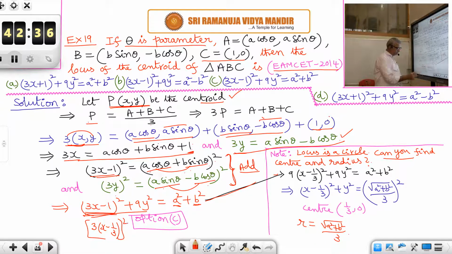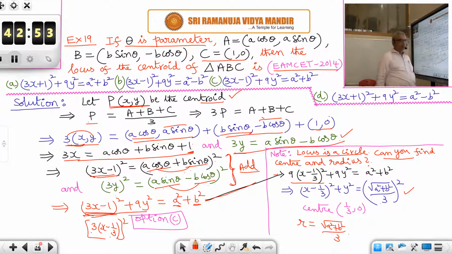Whole square means 9 into (x minus 1 by 3) whole square. That is what I have written here. Plus 9y square remaining. Then divide by 9. So (a square plus b square) by 9 you get, but that can be written as (root of a square plus b square by 3) whole square.